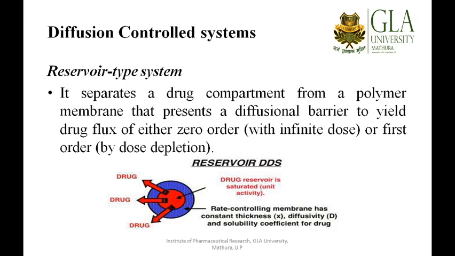So let me just show you the strategy of adopting a reservoir drug delivery system. It is in this fashion only. What we are trying to do over here, you can see the drug is there in the reservoir and it is saturated, means the drug concentration is highest inside the reservoir, and the drug is diffusing out to the biological system where it has lesser concentration, or we can say it has zero concentration initially.